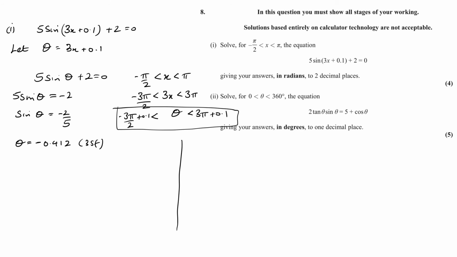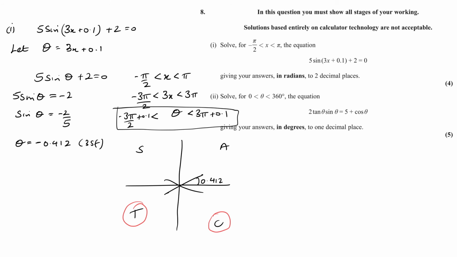What I should do next now is use the CAST diagram. Each of these angles is 0.412 radians. And there is my CAST. It's sine but negative. So I'll put this in red, this section and this section.